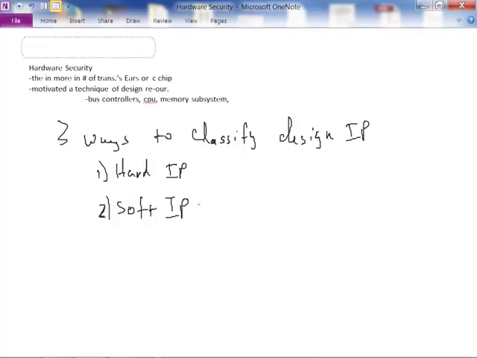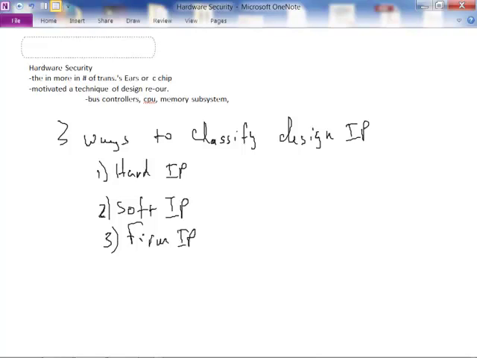And then finally, there are firm IPs, the third kind. So we have hard IP, soft IP, and firm IP.